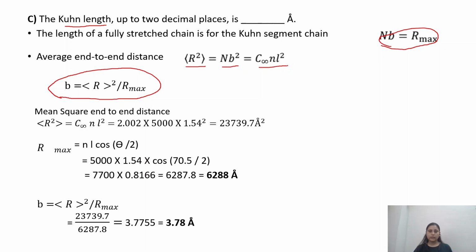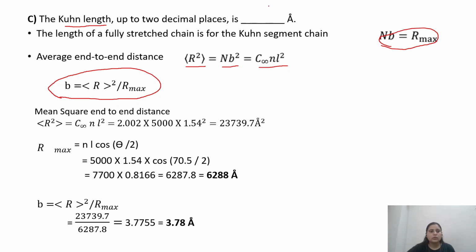These formulas were already discussed in the previous slide. So from these two formulas, we can calculate B, which equals the mean square end-to-end distance divided by R max.